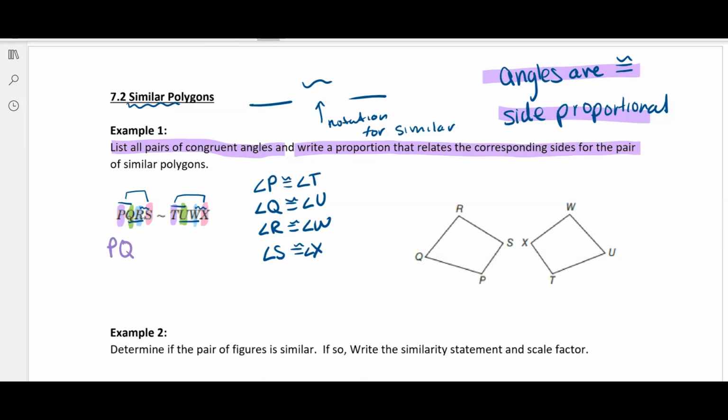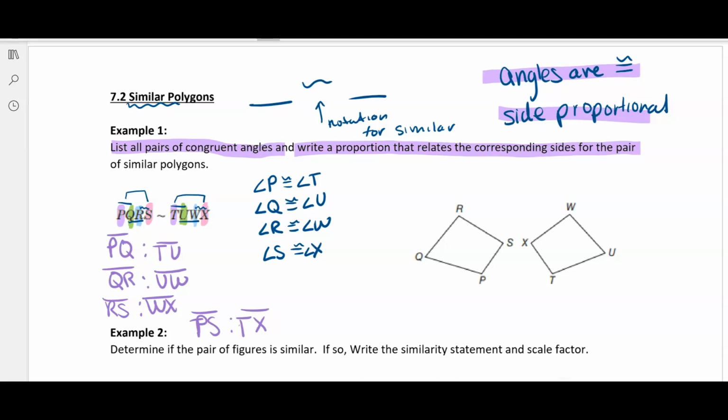So segment PQ is proportional to segment TU. And we're going to see an example in a second here. Then we have QR is proportional to VW, RS to WX, and also PS is proportional to TX.